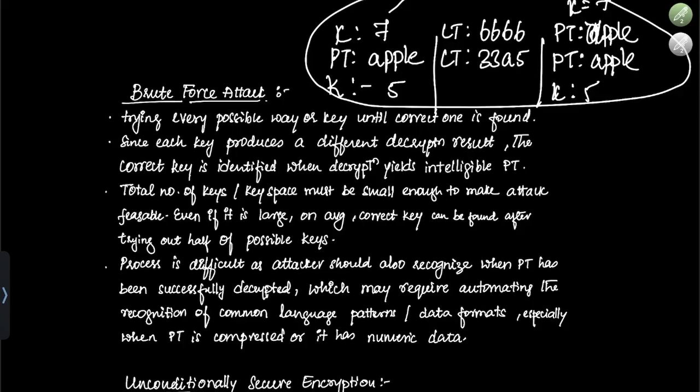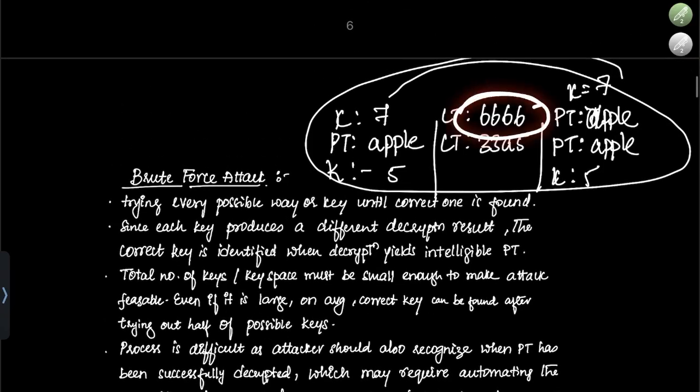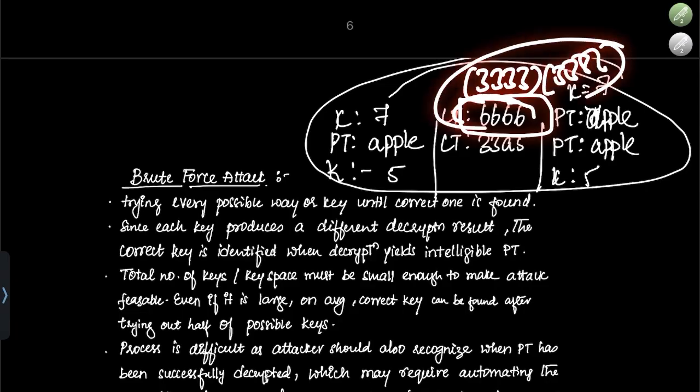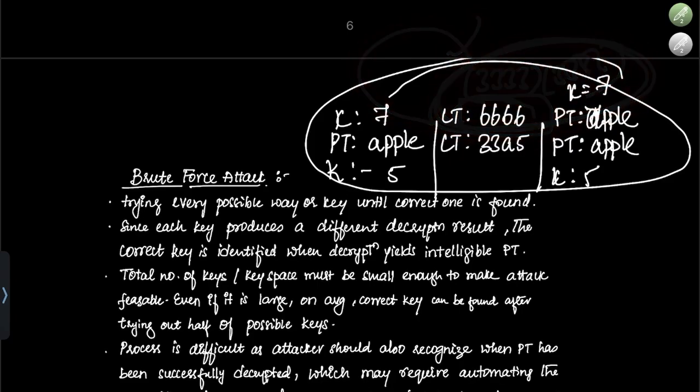How will you get to know? Suppose this was supposed to be the ciphertext required by the attacker. Once I compress this, I get 3333 and 3333, something like this. Can I understand that this was the output? No, because this is compressed, right? So I'll not be able to deduce the answer.